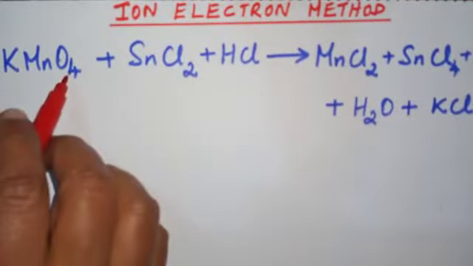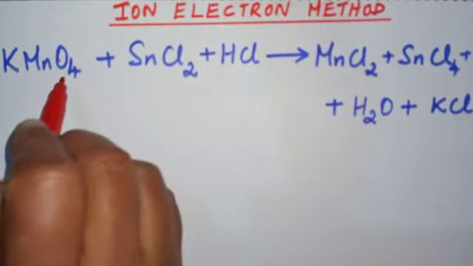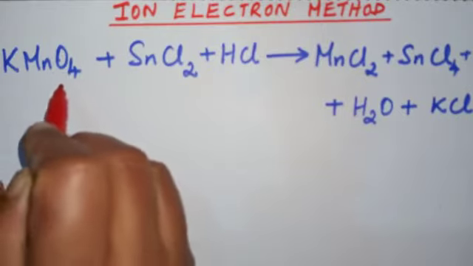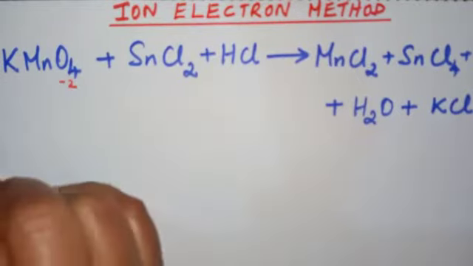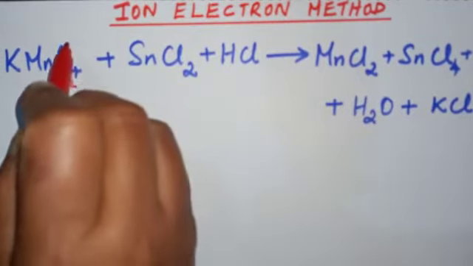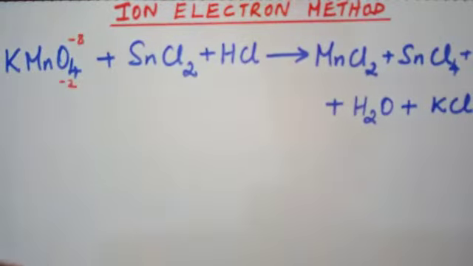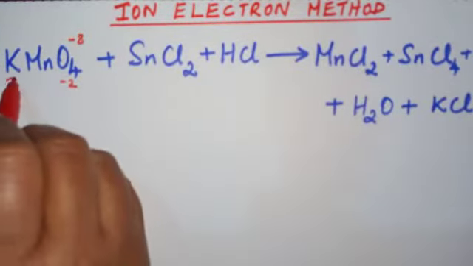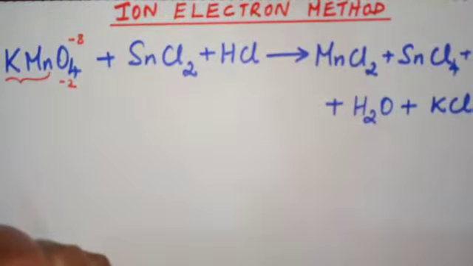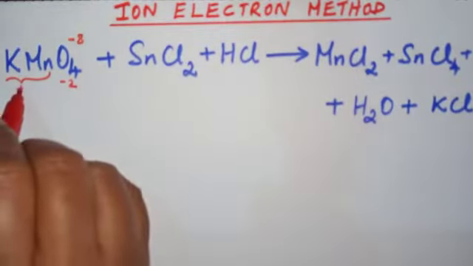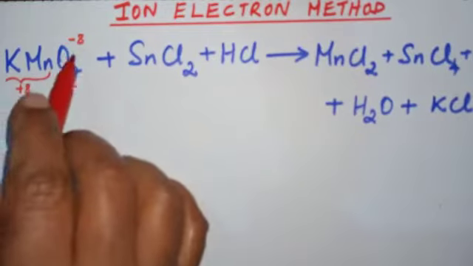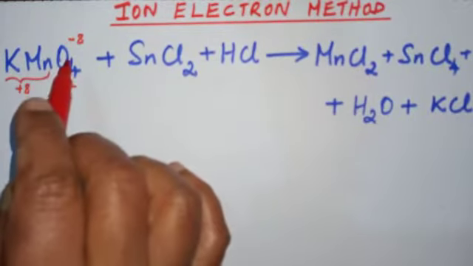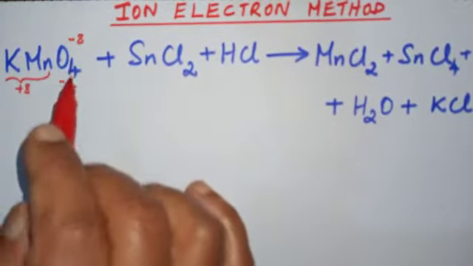Here, in potassium permanganate, the oxidation number for oxygen is -2. There are 4 oxygen atoms, so 4 into -2 gives you -8. Now the other two elements in this compound should have a total oxidation state of +8, because +8 -8 is 0. This molecule, potassium permanganate, is a neutral molecule.